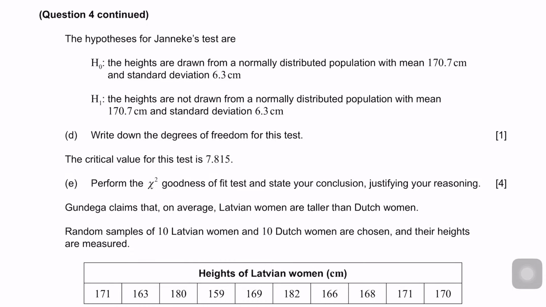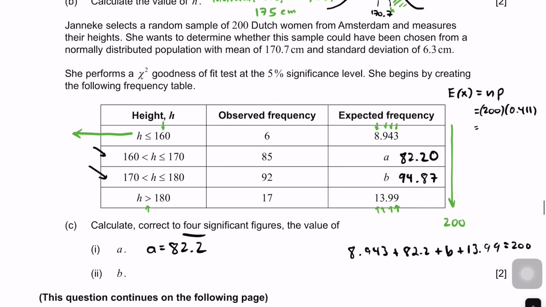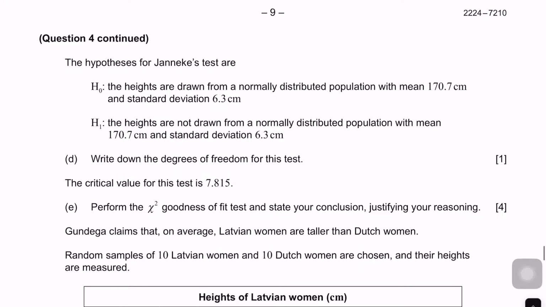Okay. So this is Yannicka continuing on her chi-squared goodness of fit test. So here we are, just going back all the way up here. She's got some observed frequencies, and she's got some expected frequencies, and from this we can run a chi-squared goodness of fit test. So essentially the question is, to what extent do our observed frequencies align with what we would expect if this were to be a normal distribution.